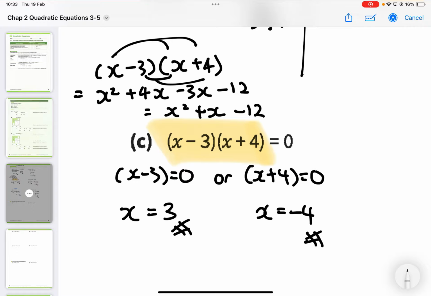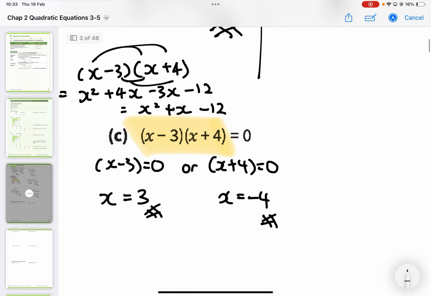Okay, so if this question never gives you this in the factorized form, if this question gives you x squared plus x minus 12 equals to 0, if the question is asking you like that, then if you can factorize this into looking like this, then you will be able to solve this equation.